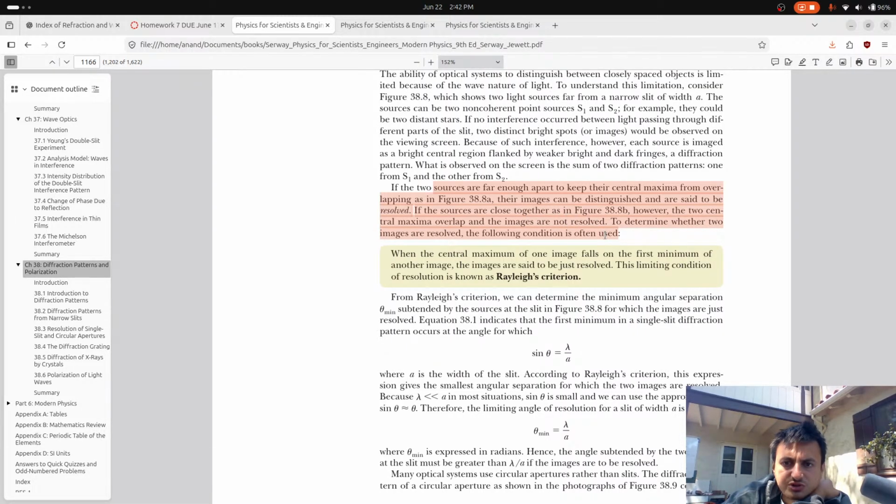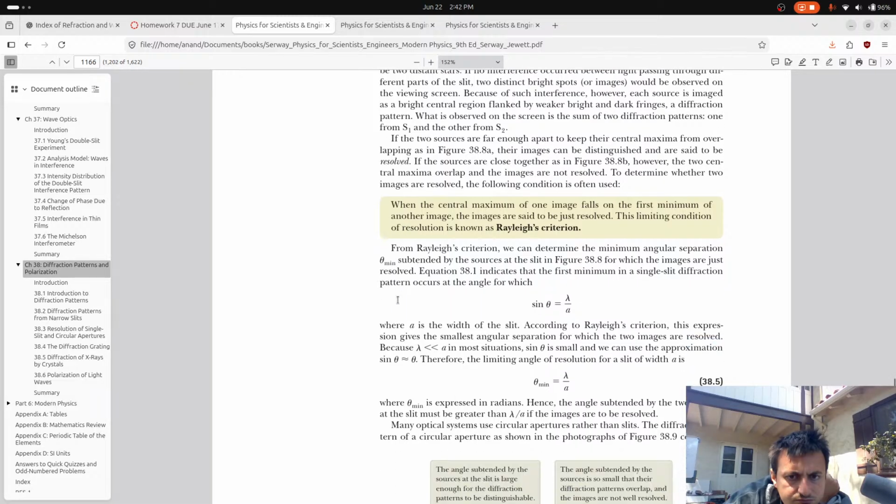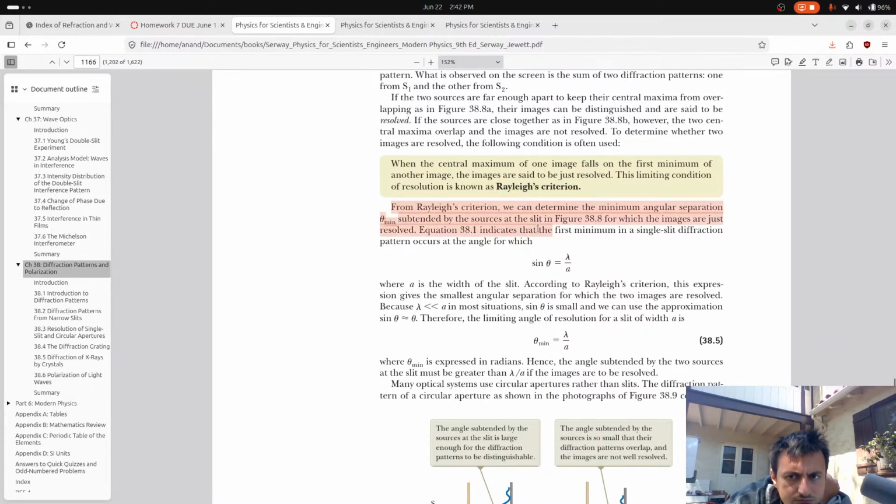To determine whether two images are resolved, the following condition is often used. When the central maximum of one image falls on the first minimum of another image, the images are said to be just resolved. This limiting condition is known as Rayleigh's criterion.